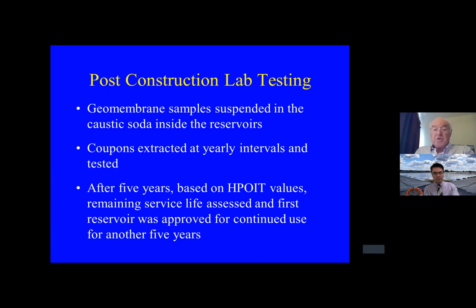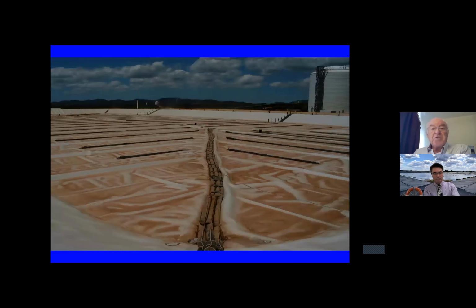After 5 years, based on the HPOIT values, the remaining service life was assessed, and the first reservoir was approved for continued use for another 5 years. So this is, actually I think this is the second reservoir there. You can see the condition of it after 5 years.